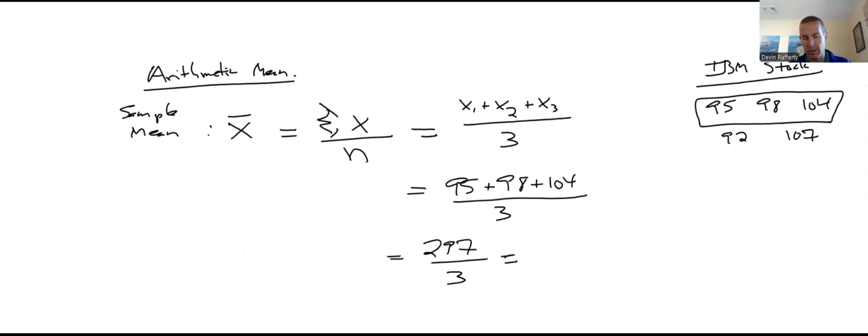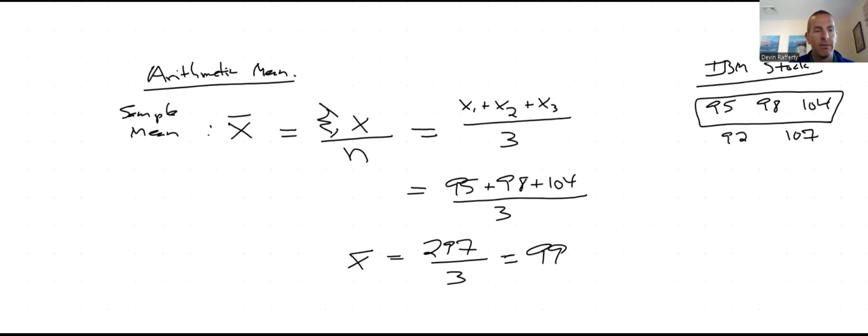I'm going to check my work again. 95 plus 98 plus 104 equals 297, divided by 3 is 99. So my X bar, my sample mean, is 99.